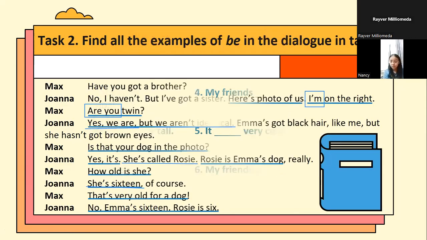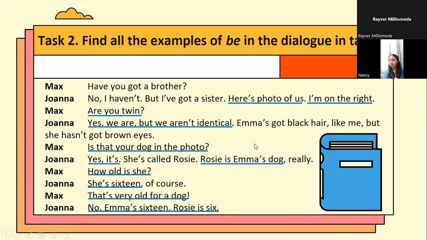Okay, so there are so many answers right here. So your checks were this 1, 2, 3. So you got 3 points out of this activity.